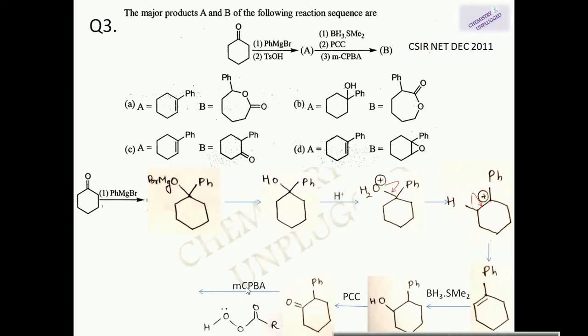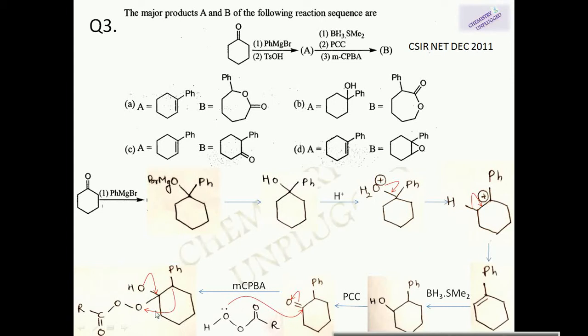In next step, we have metachloroperoxybenzoic acid. So this lone pair of electrons will attack on the carbon of carbonyl group, and this pair of electrons will shift to oxygen. Then in next step, Baeyer-Villiger reaction. In Baeyer-Villiger reaction, tertiary carbon will migrate in preference to secondary carbon.